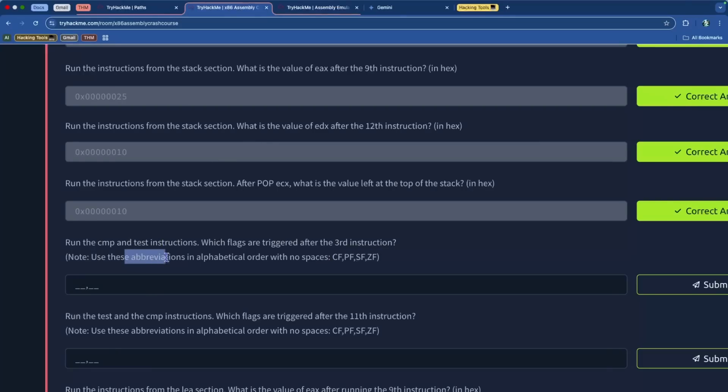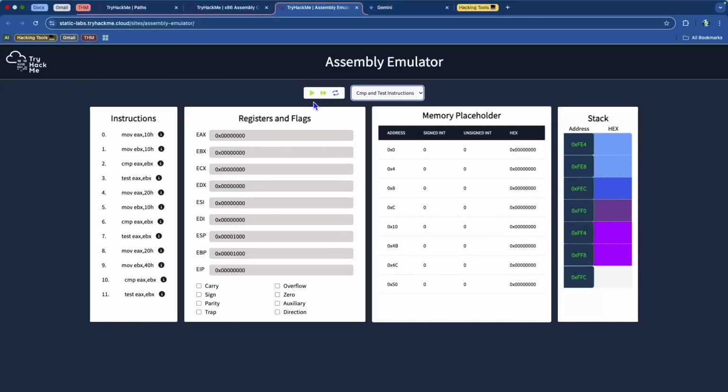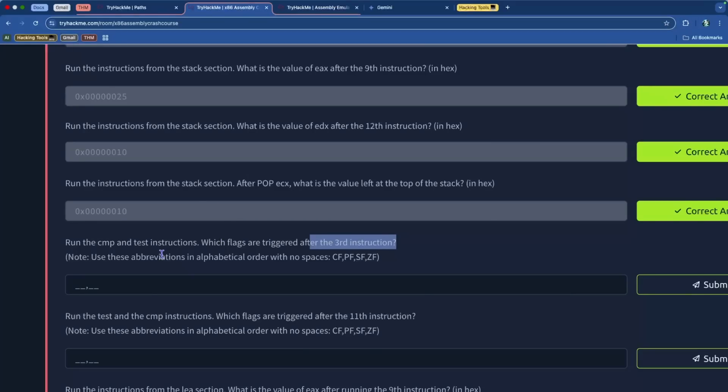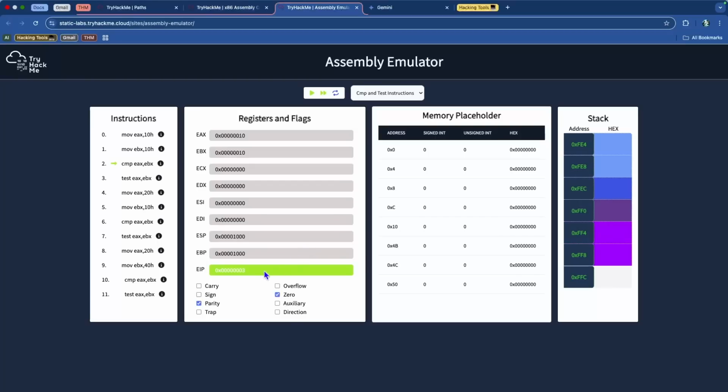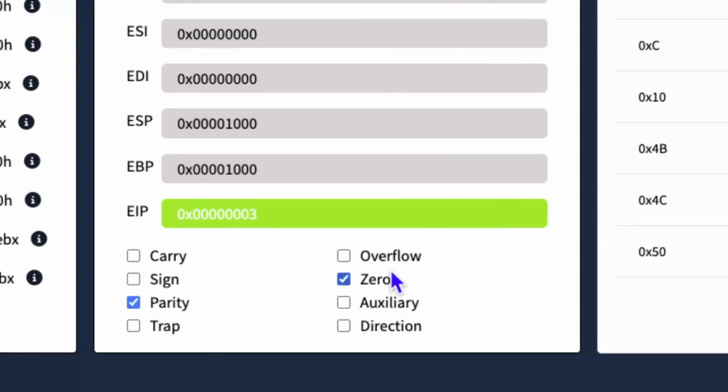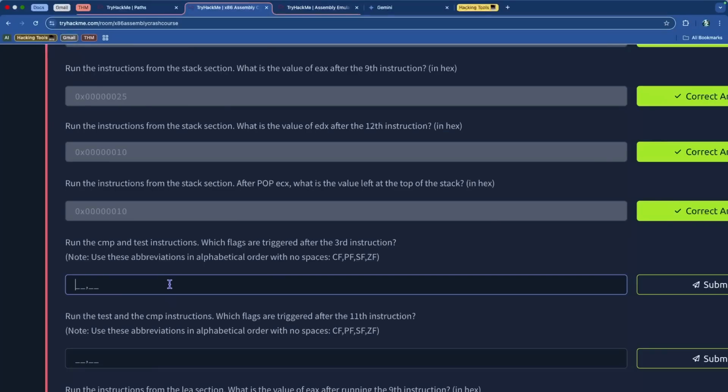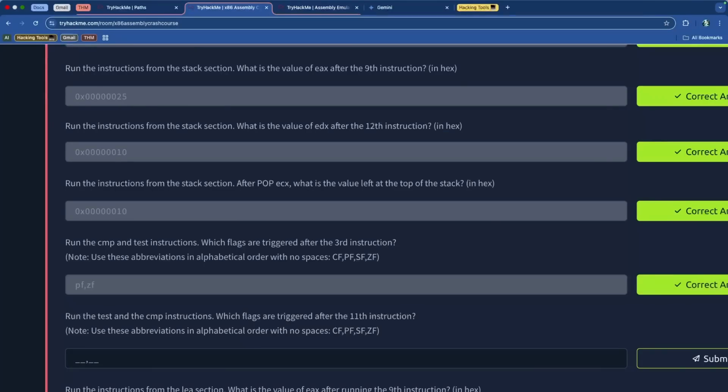After the third instruction, let's go 1, 2, and 3. It's saying which flags are triggered. Okay, so this is basically the flag. So parity and 0. So it would be PF for parity and then ZF for 0.